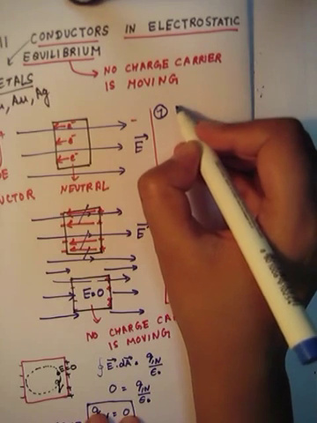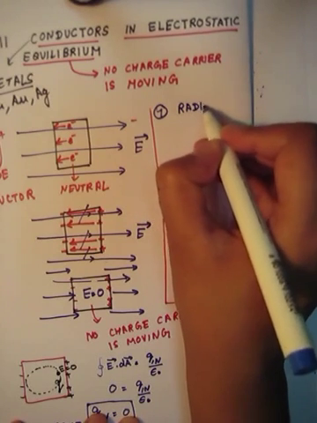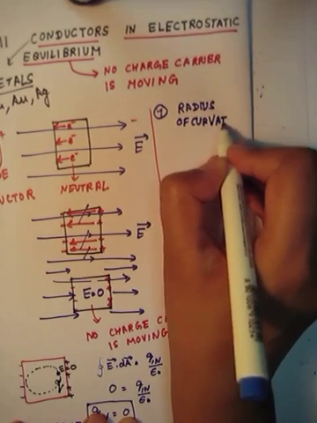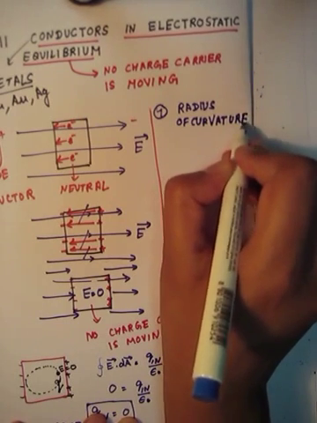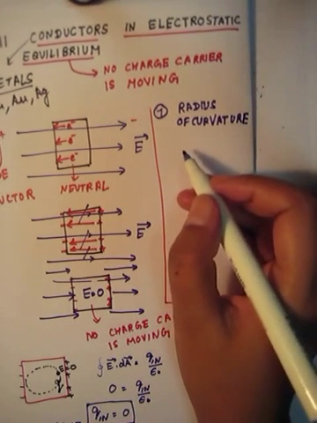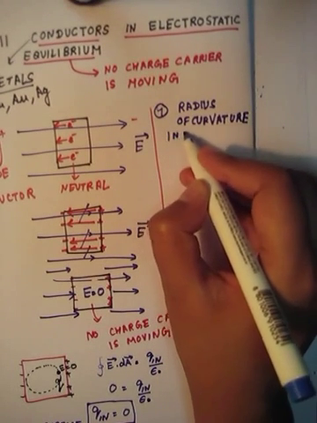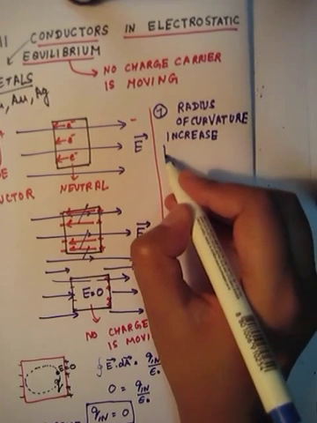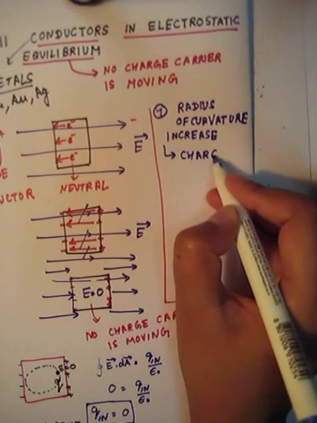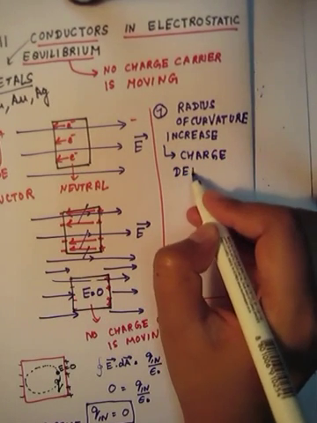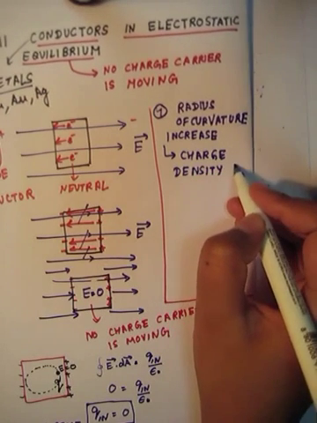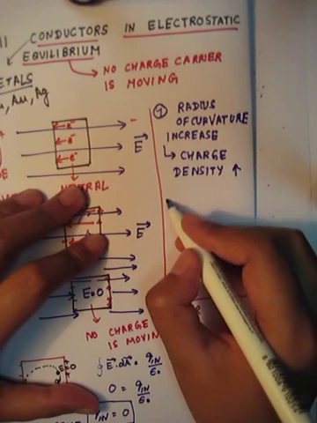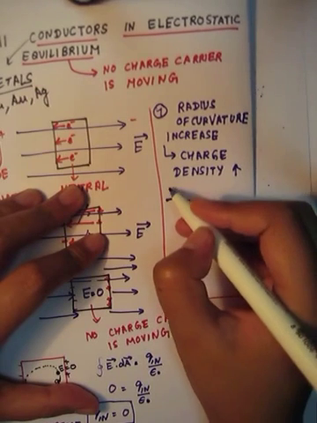Suppose you have a charge of plus q distributed on a surface like this.